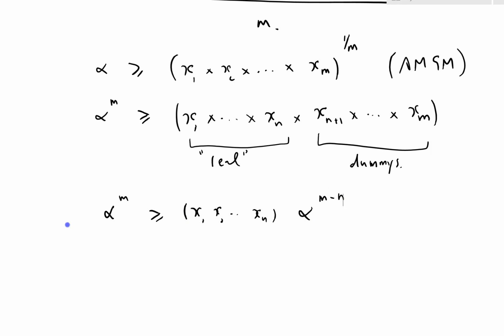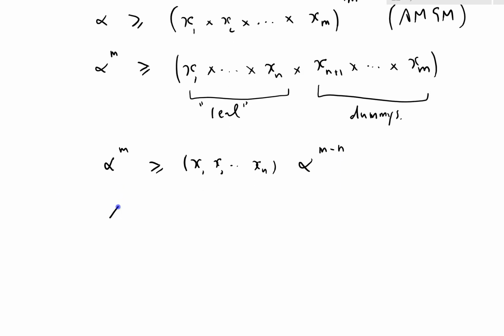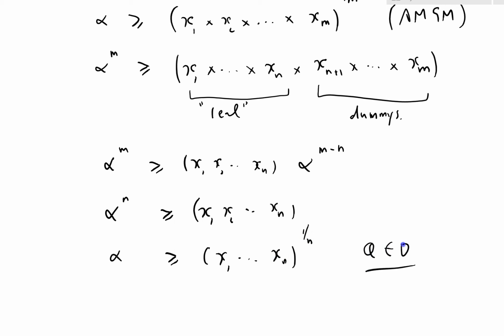Now we're getting somewhere. That tells me that alpha to the n is greater than or equal to x1, x2, all the way through to xn, which tells me that alpha is greater than or equal to (x1 multiplied all the way through to xn) to the power 1 over n, which is the arithmetic geometric mean inequality.